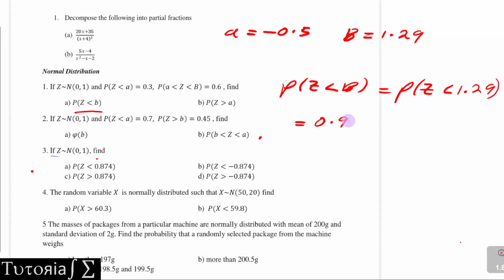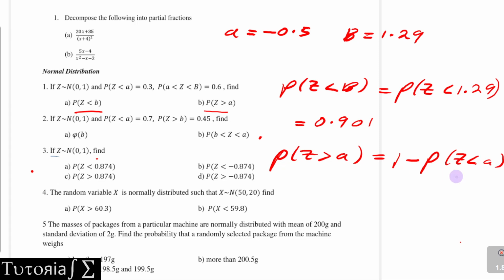Okay, so that is 0.9 something. Then same applies for this. So you're looking for probability of Z greater than A. So remember what we said, the values on the table are only for Z less than, so you have to convert this to a less than, which becomes 1 minus probability of Z less than A. So you already know what A is.